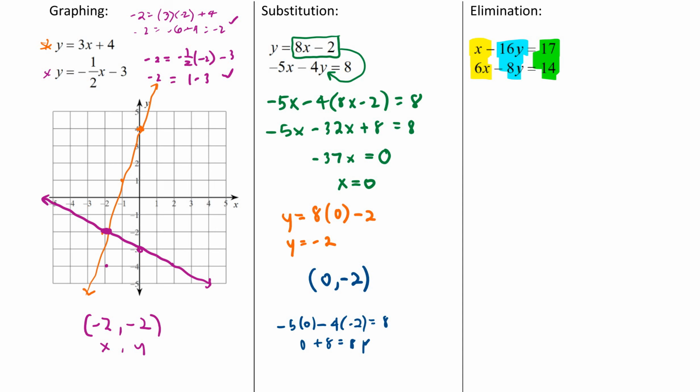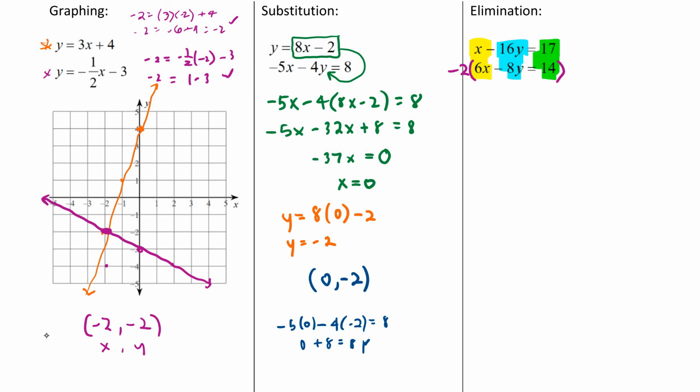In this case, I need to manipulate one of the equations first in order to make something eliminate. The quickest thing I see is if I multiply both sides of this equation by negative 2, then I'll get negative 16y and positive 16y, and that'll eliminate.